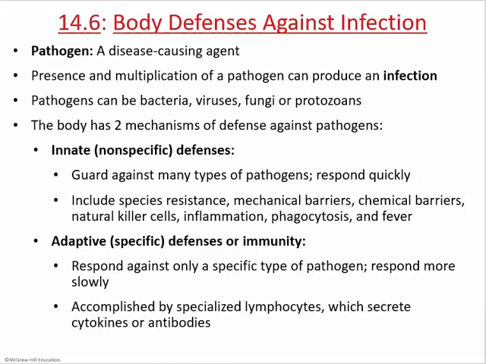The adaptive defense against the measles doesn't do anything against chickenpox, etc. So they are specific. It takes a lot longer for the adaptive immunity to rally but once it's there, it's very powerful. And very protective.